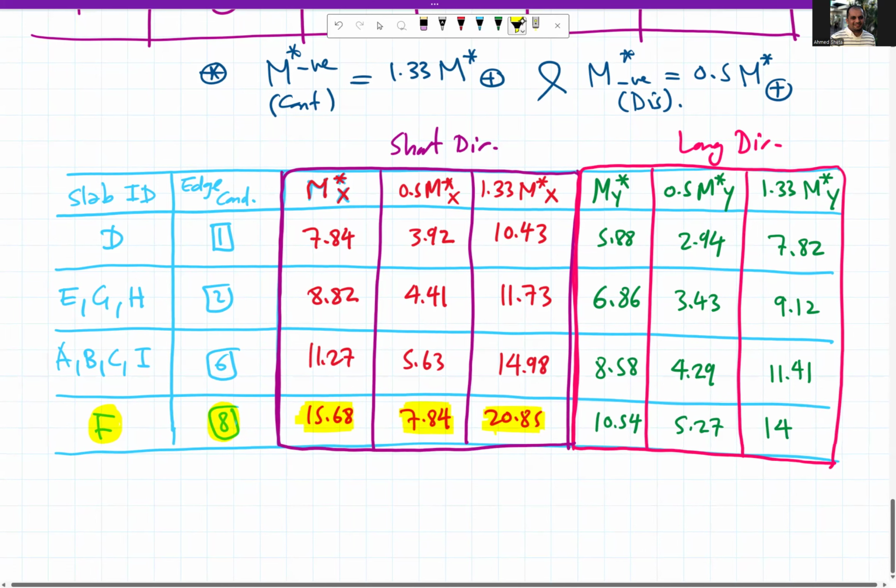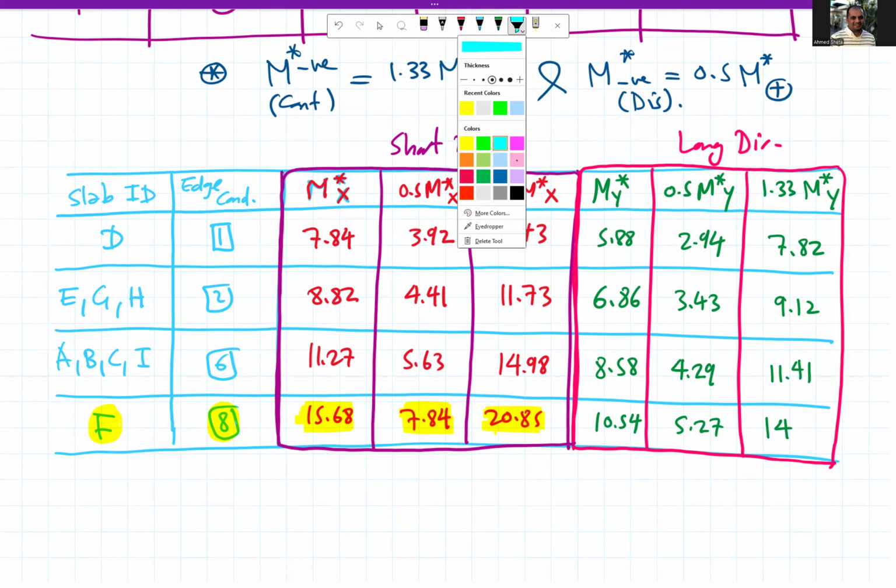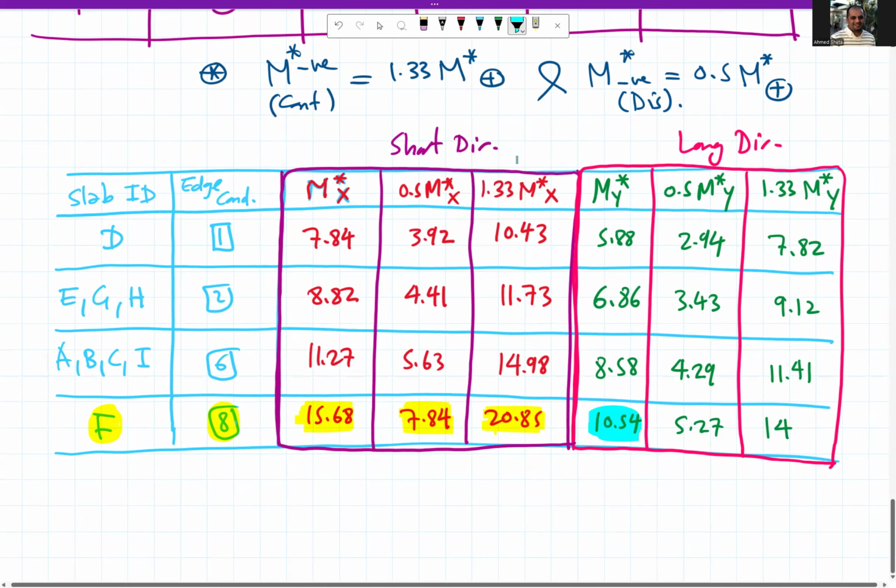So also here, the maximum moments are this value here, this value here, and this value here.